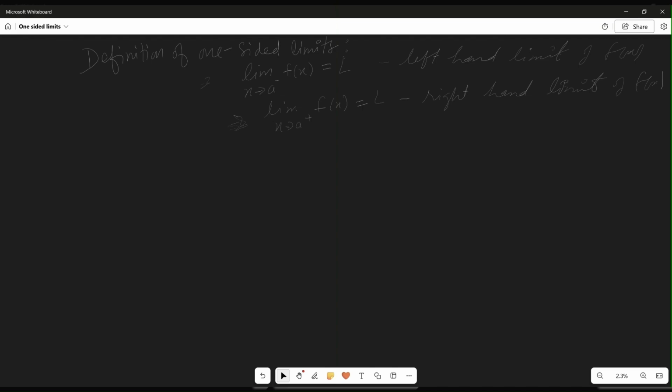Okay, let's just do a quick problem to see what we are trying to state here. Let me make a quick graph. You can also see this example in your Calculus first year book, probably.